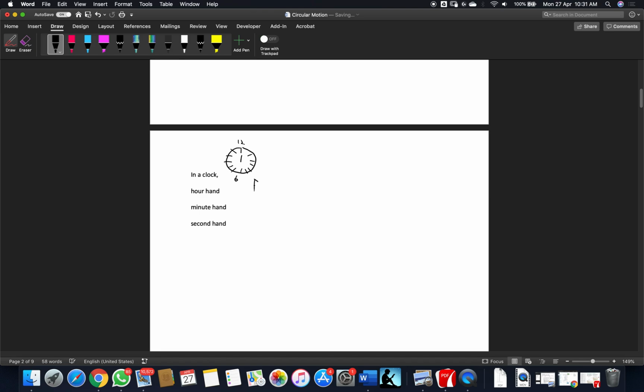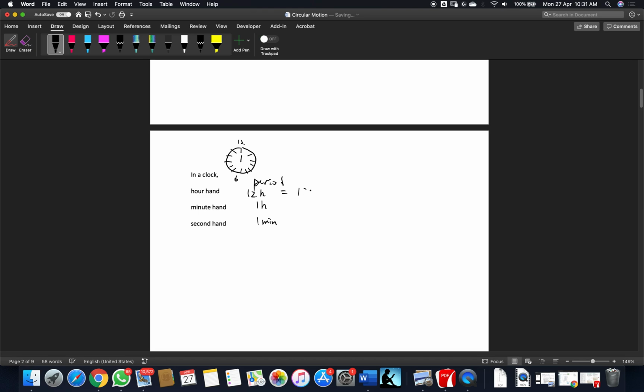circle in 12 hours. For minute hand, the period is 60 minutes or 1 hour. For second hand, that is 1 minute. We all need to convert the unit to second, because second is our SI unit.